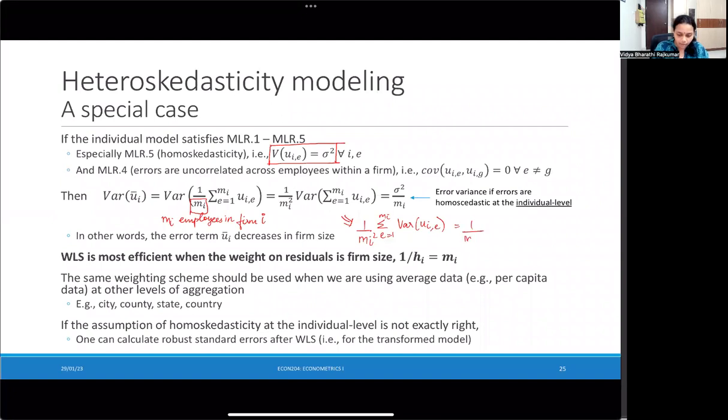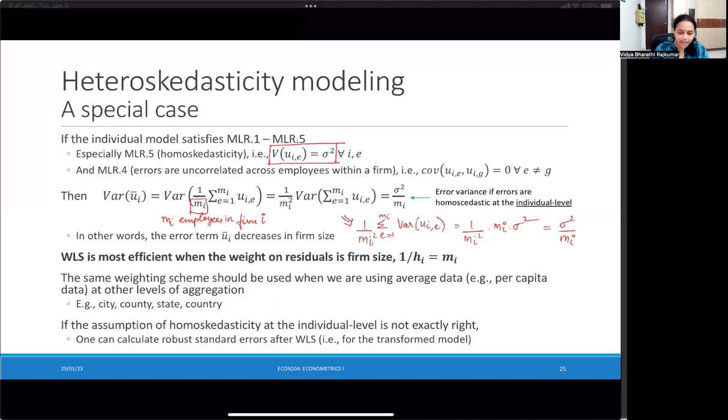So you're left with 1 over m_i square times m_i times sigma square, since the variance of u_ie is just sigma square, and summing that for m_i values gives m_i multiplied by sigma square. So this is nothing but sigma square over m_i. Now we've been able to express the variance of u bar as sigma square over m_i.